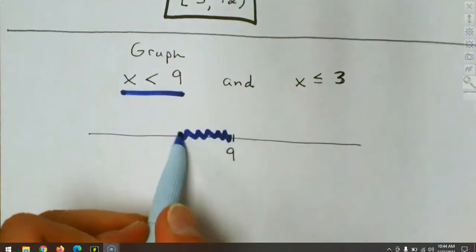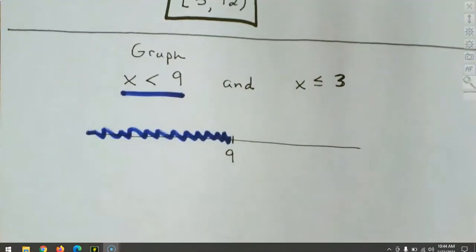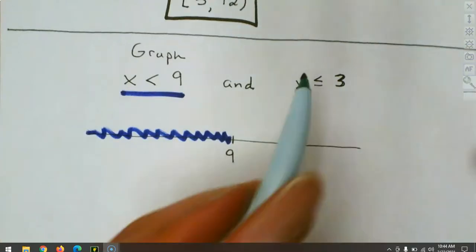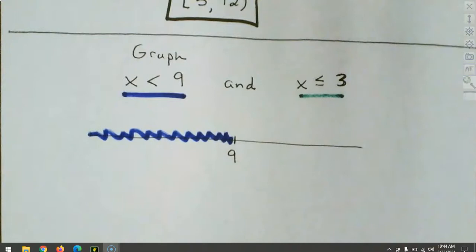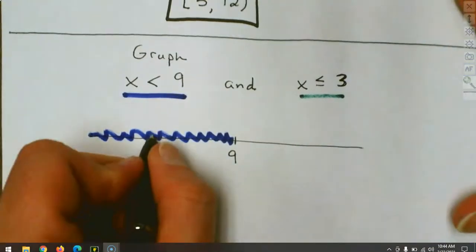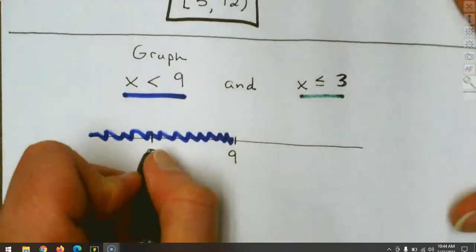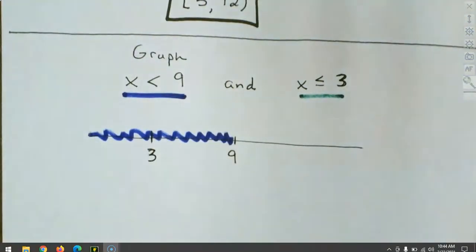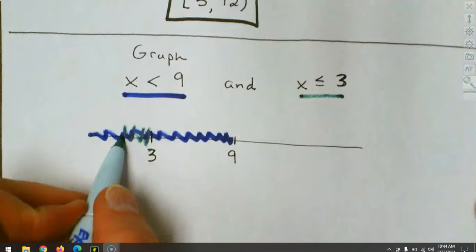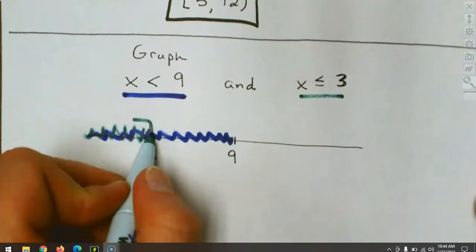So we'll shade back to the left. The other one is x is less than or equal to 3. So 3 is going to be over here somewhere. And it is also pointing back to the left. And we're going to use the square bracket.